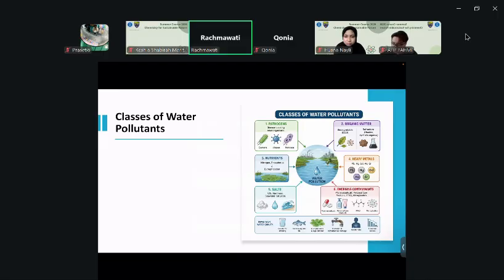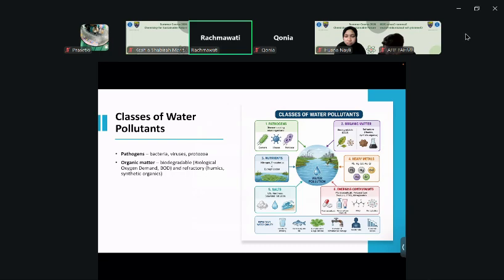And these water pollutants are divided into different classes, just to make it easier for us to identify which type these pollutants belong to. So we have pathogens, making us sick, for example bacteria, viruses, or protozoa.